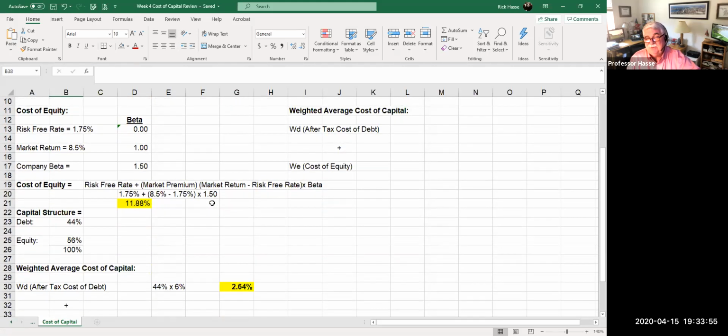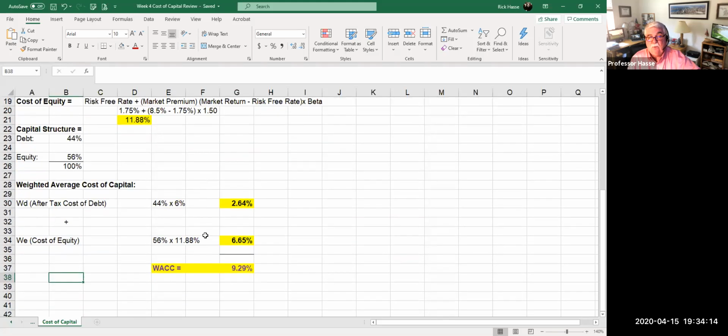You've already determined their cost of equity last week in the case, the required rate of return. If you've done that correctly, and I haven't looked at them yet, but if you haven't done them correctly, you will do them correctly after I give you the solutions. We're going to determine that cost of equity, and you're going to determine the weighted average cost of capital for your specific company in next week's case number 2.